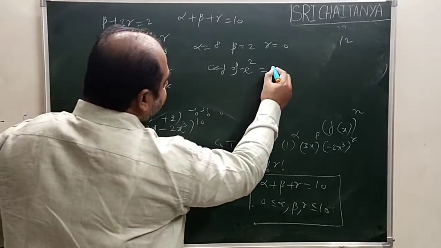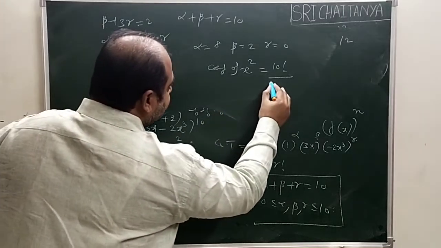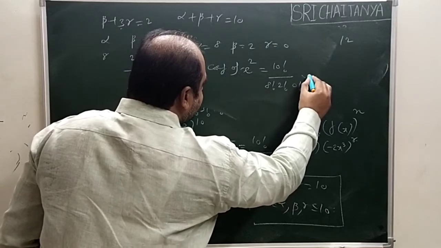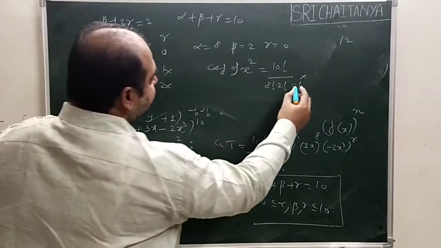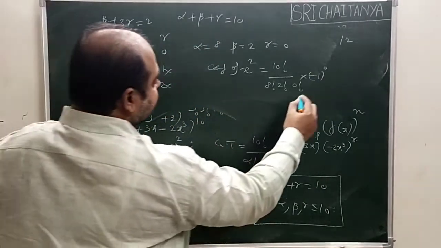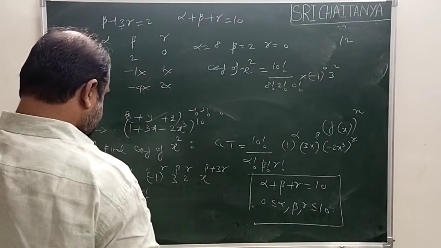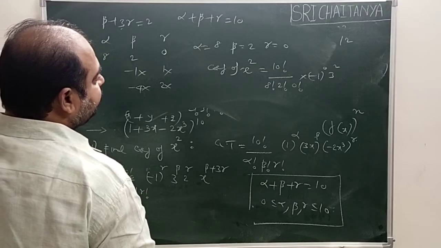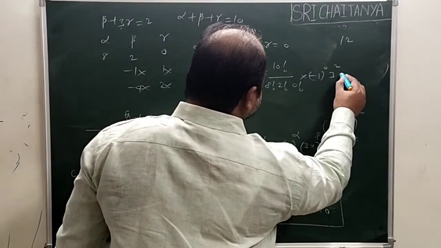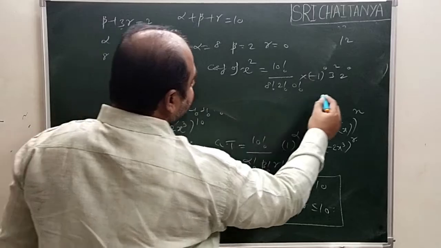Therefore, the coefficient of x square is obtained by substituting these values: 10 factorial divided by alpha factorial, that is 8 factorial, into beta factorial, 0 factorial, into minus 1 to the power 0, into 3 to the power beta, that means 3 square, into 2 to the power gamma, that means 2 to the power 0, into x to the power beta plus 3 gamma, which gives x square.